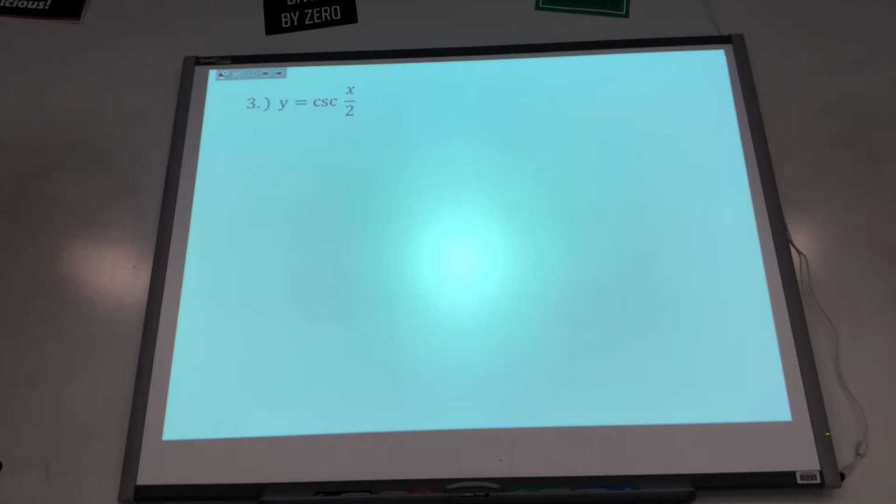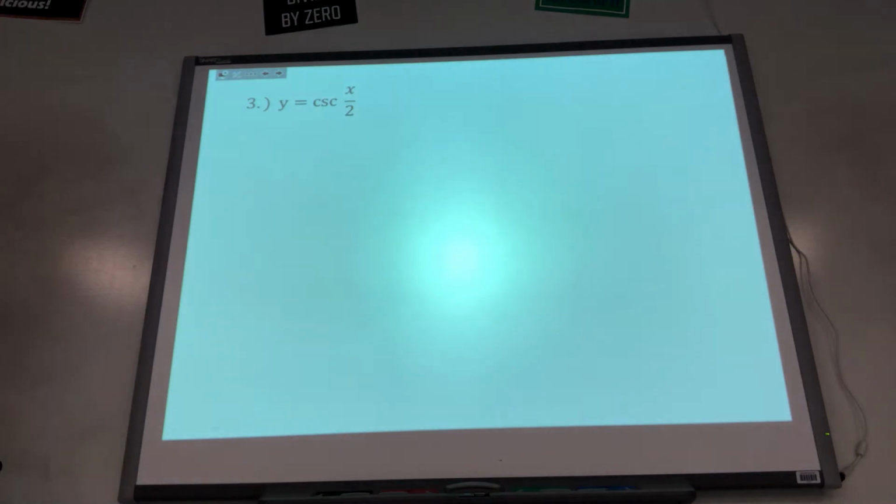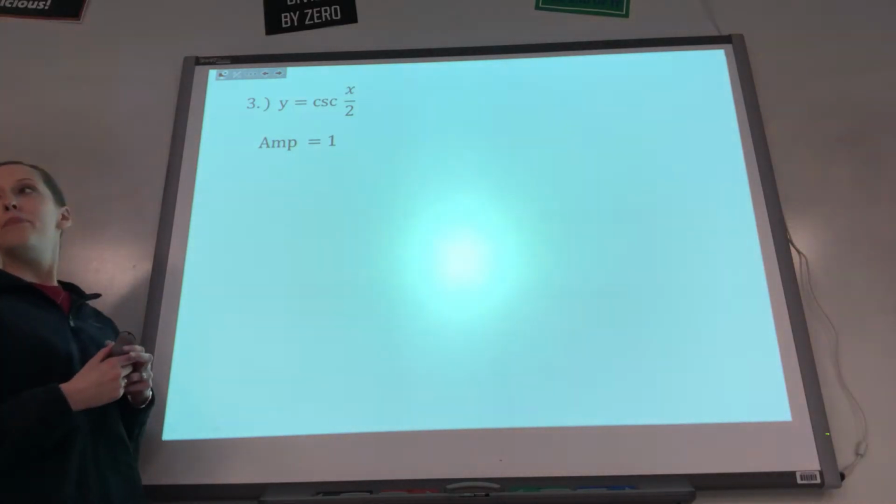Example 3, I always like to throw in a fraction one because these are kind of confusing. Y equals cosecant of x divided by 2. All right, well, amplitude is 1. For the period, I have to take 2 pi divided by b.